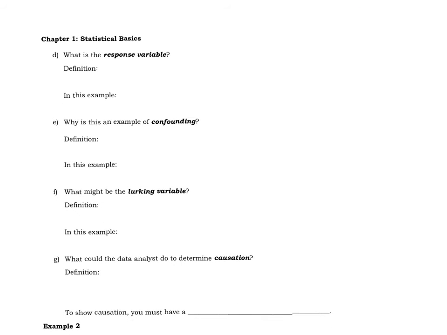All right, so response variable. This is the one that happens second. You might have heard it called the dependent variable in other courses. This is what happens as a result of the explanatory variable.